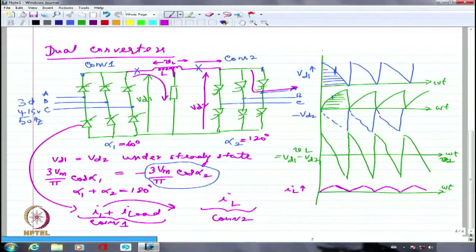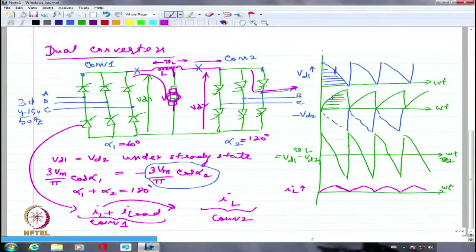So just to mention for continuity's sake, if this is alpha 60 and this is alpha 120, and instead of this load, I now connect a DC motor drive. Imagine the same situation like what we said earlier.